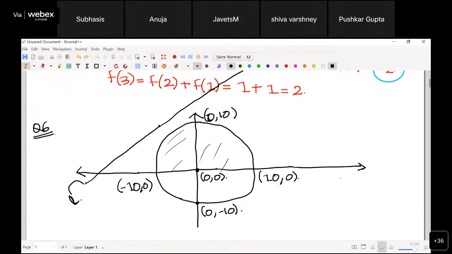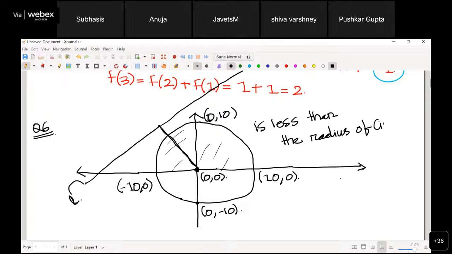That is only possible when the perpendicular distance between this straight line and the origin is less than or equal to 10 units, the radius of the circle.